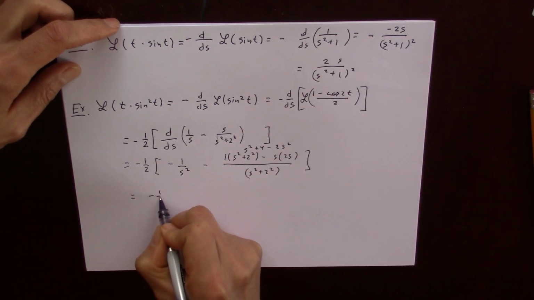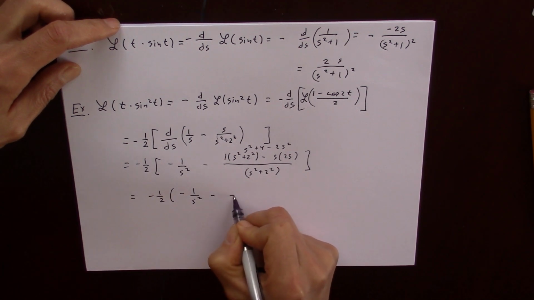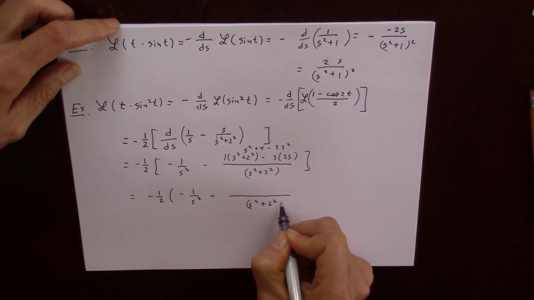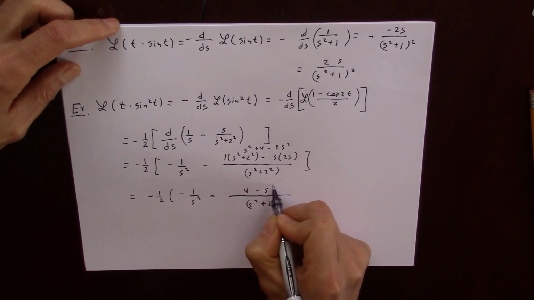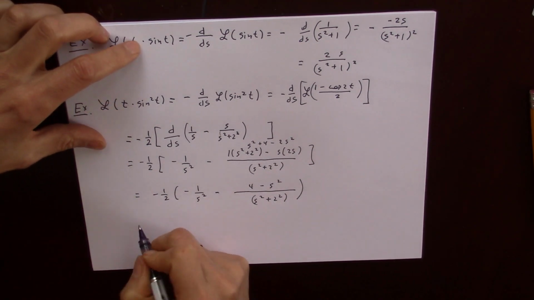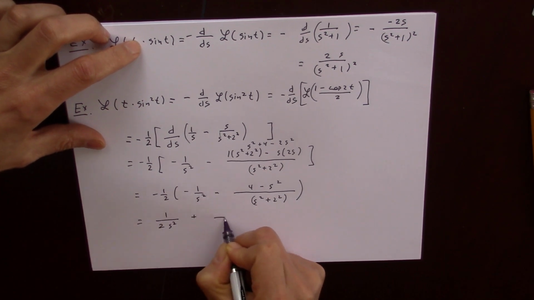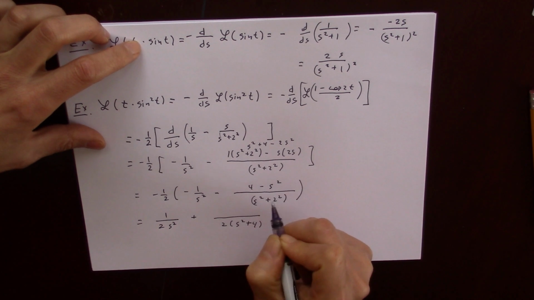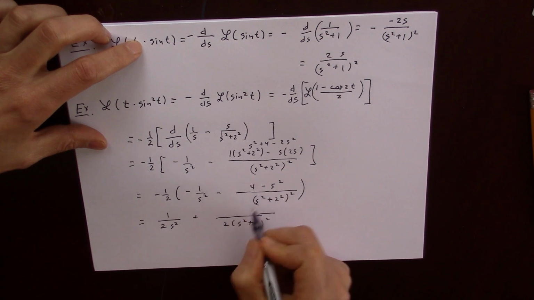So we're going to get negative 1/2, negative 1 over s squared minus 4 minus s squared over s squared plus 2 squared. Bring negative 1/2 inside, so we're going to have 1 over 2s squared plus 4 minus s squared over 2 times s squared plus 4, and don't forget that square here.